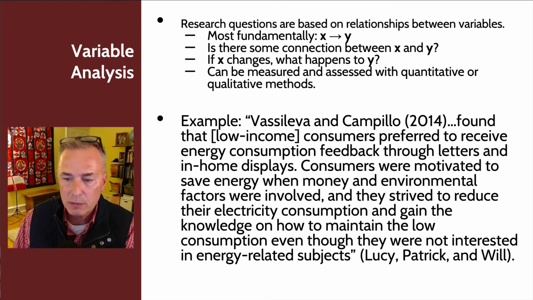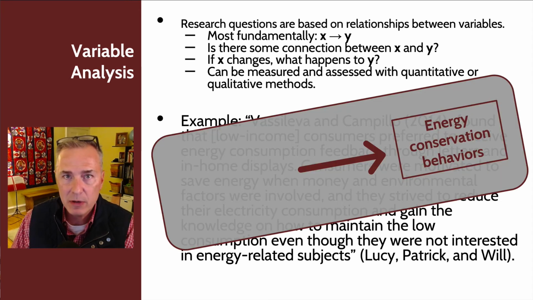So in this description by Lucy, Patrick, and Will, they actually have embedded a bunch of variables as well as a relationship between a set of variables. We can put it in that same format. They have it expressed in words here, but we can also express it as a picture of the variables, like we have at the top of the slide here: X arrow Y, the independent variable having some impact on Y. So in this case, the dependent variable is energy conservation behaviors. What is it that influences people's willingness to focus on energy conservation or not?